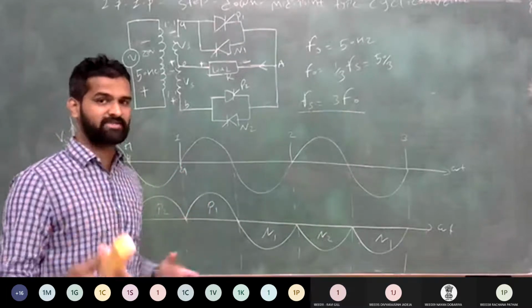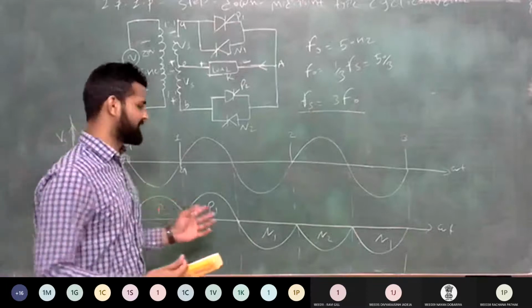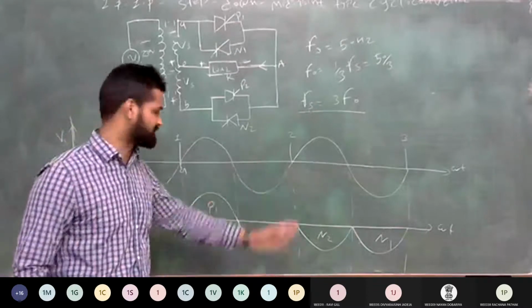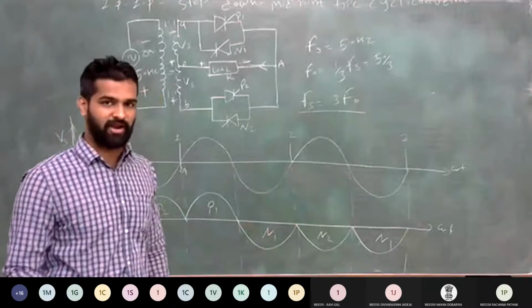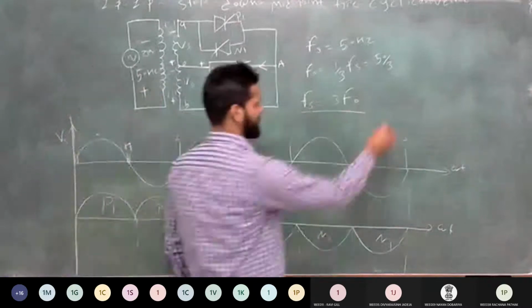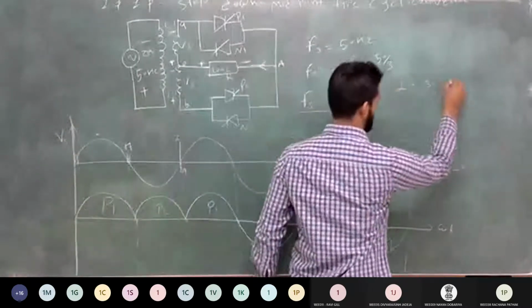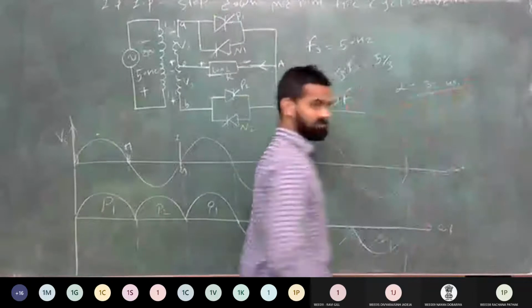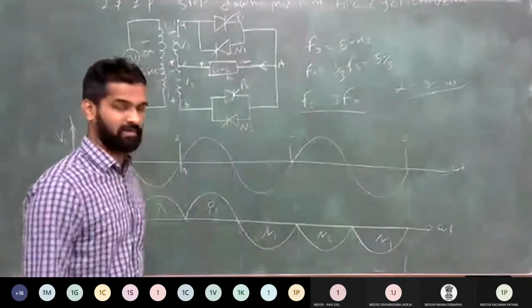If you require voltage control, then you provide the firing angle at any alpha. You will see this after this topic, for any firing angle alpha, like alpha 30 or 45.